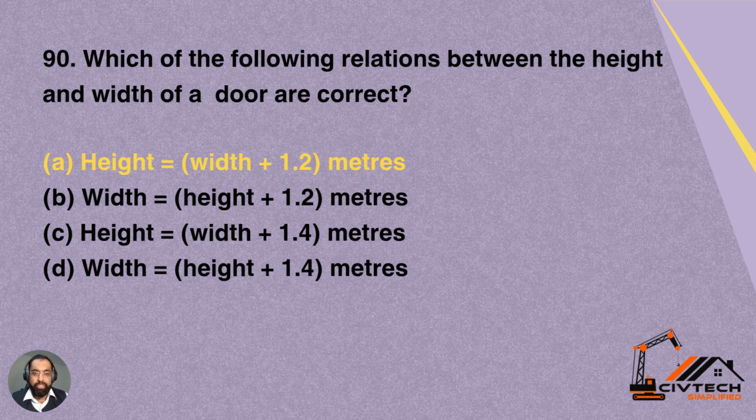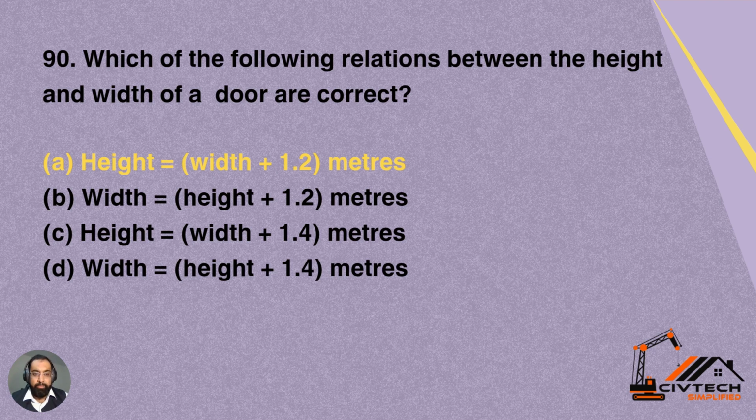Question 90. Which of the following relations between the height and width of a door are correct? Option A, height is equal to width plus 1.2, in meters.